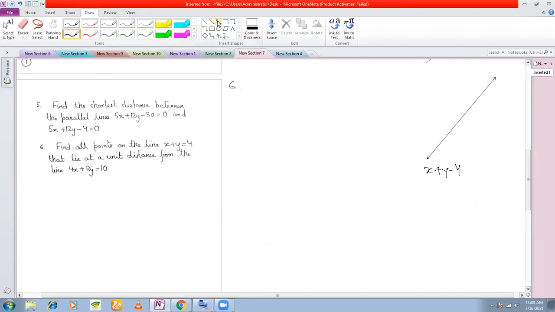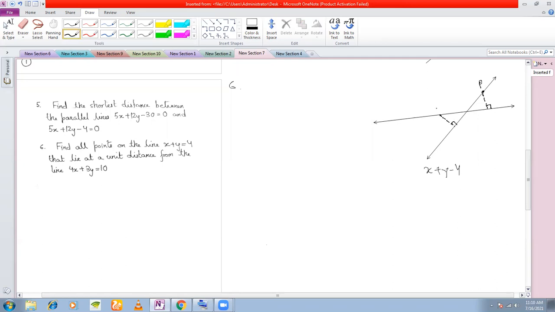Okay. So let's say I have another line, and you need to find all the points on this line which are at a unit distance from this line. That means this can be a unit distance. Okay, and you can have another distance here. The point here is that you don't know the alignment of the lines. So you can have this distance also as 1 unit.